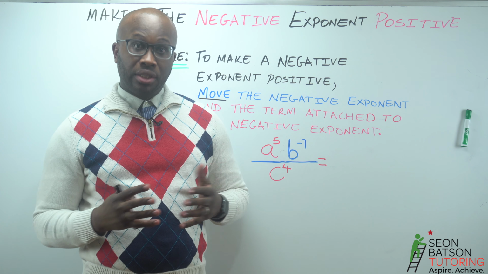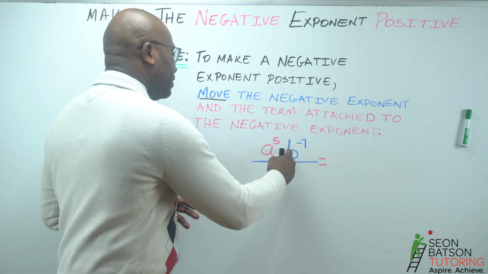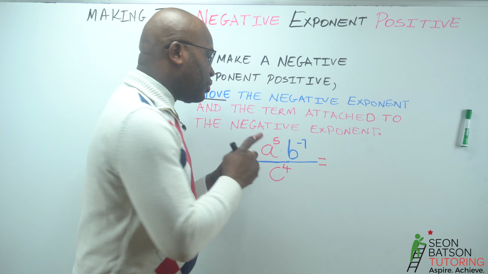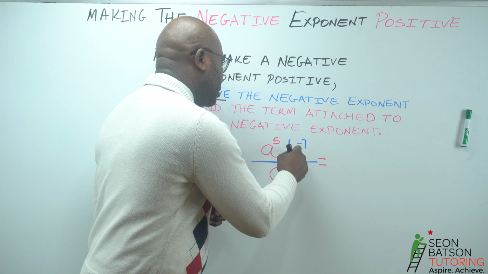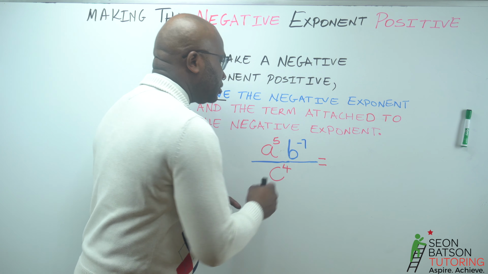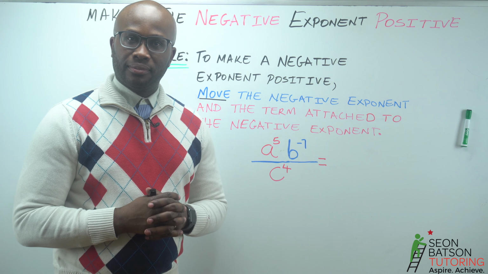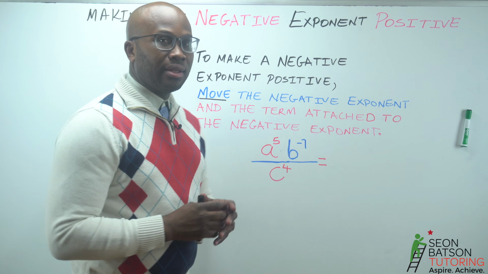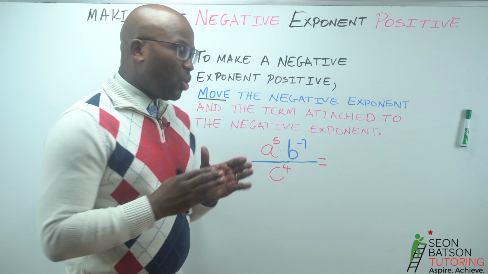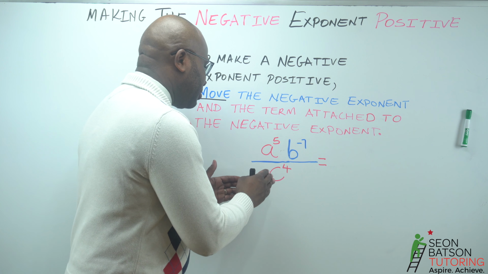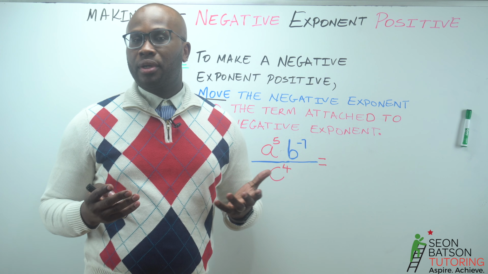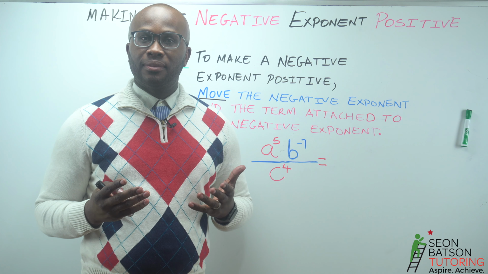Good question. If the negative exponent is in the numerator, we will move the negative exponent and the term attached to it down to the denominator. If the negative exponent is in the denominator, we will move the negative exponent and the term attached to it up to the numerator. That's it.